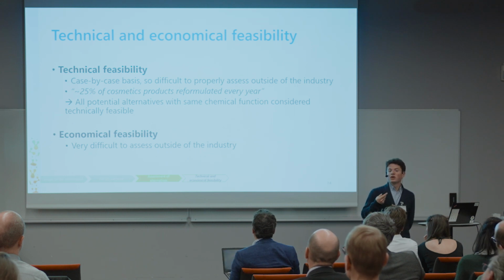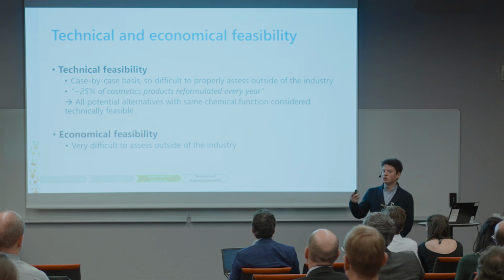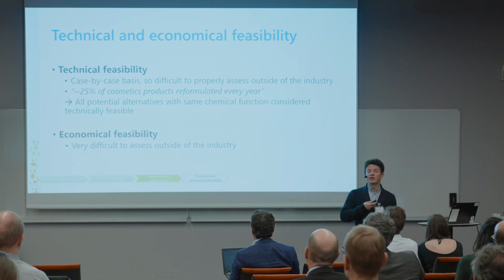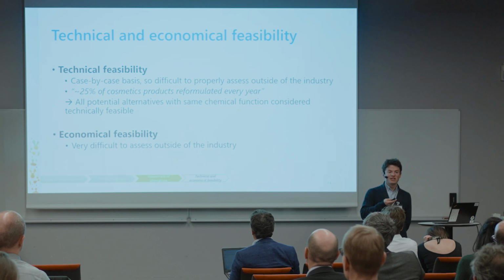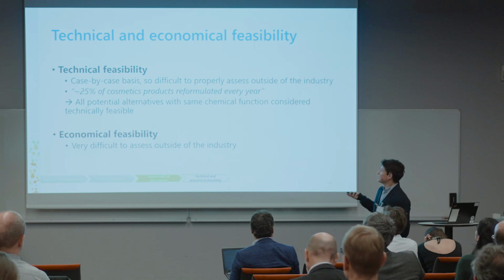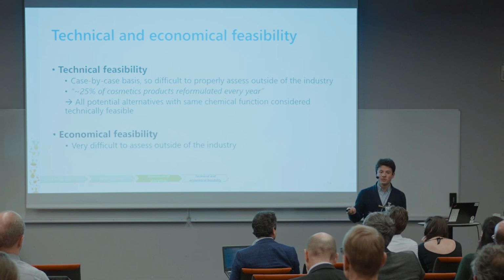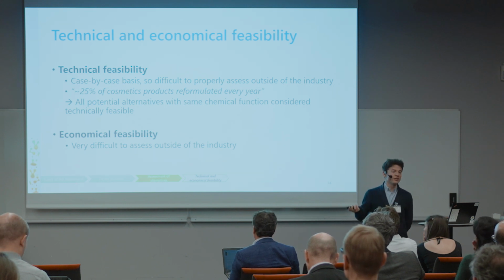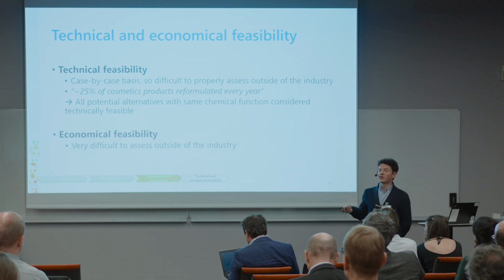So it seems that in the cosmetic industry, it's quite easy for industry to reformulate the product. So we considered that if the alternative has the same technical function as the case study chemical, then it is technically feasible to substitute. For economical feasibility, unfortunately, we couldn't assess it at all because we're not industry, so for us, that's impossible to do this.